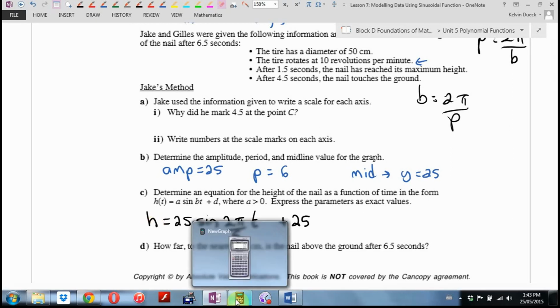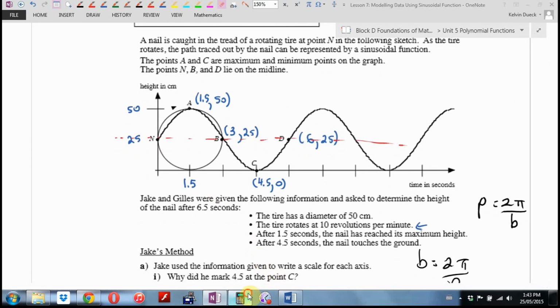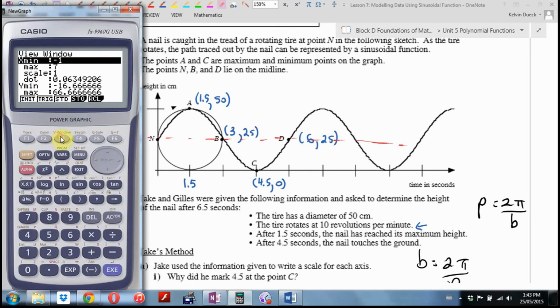Okay. First of all, my view window, I'm going to try and roughly match this. I'm going to go, okay, shift view window, x min, minimum time, 0. What's the maximum time? Now on my graph, I only go 6 seconds, but in the question that we're about to do, how many seconds do they give me if you look at the bottom of the page? 6.5 seconds, isn't it, in the bottom of the page there?